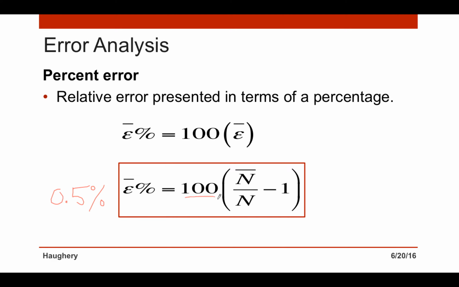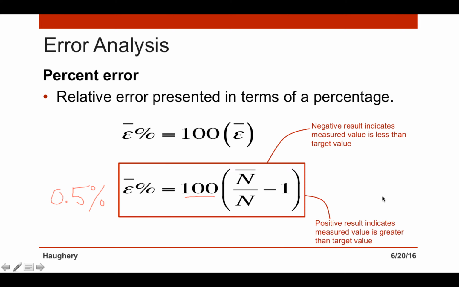So of course, it's important now to note the sign, negative or positive, of that result. Negative means that we're below our target measurement, positive means we're above. We could write a line here, and this is our target, and if we're above here, we're in a positive, if we're below, we're in a negative.